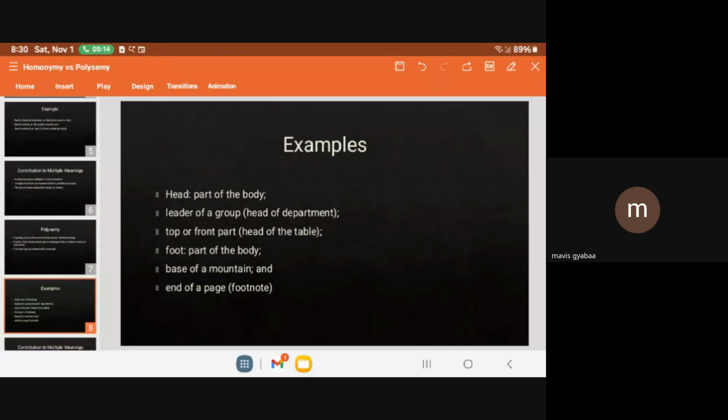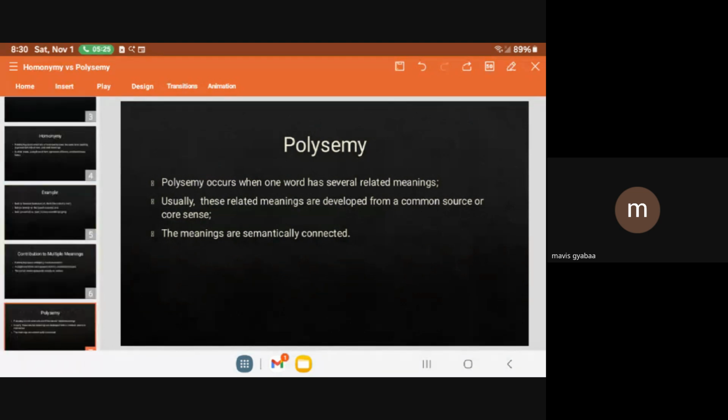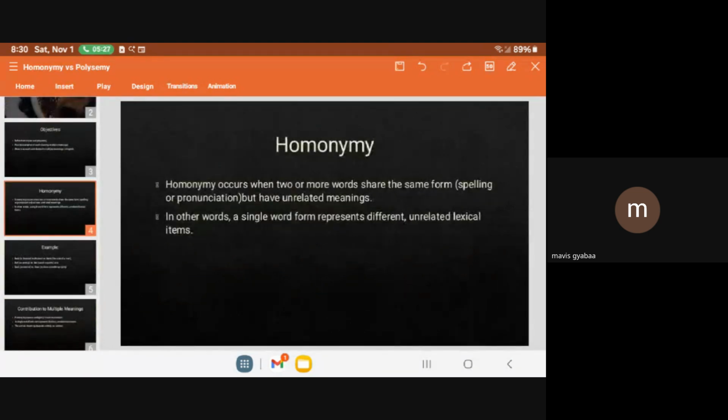So you see that with polysemy, the word has different meanings, but these meanings are related, as against homonymy, where the word has different meanings, but the meanings are unrelated.